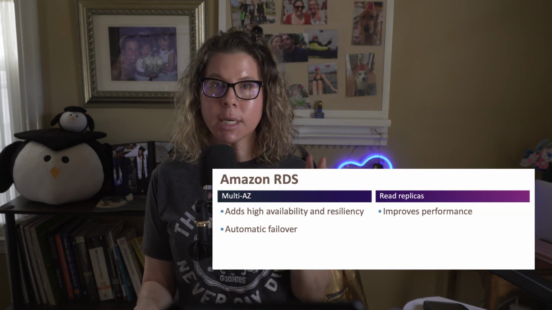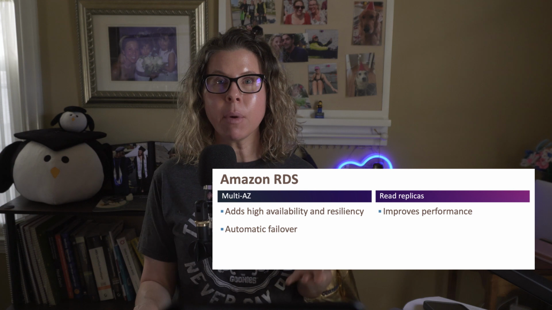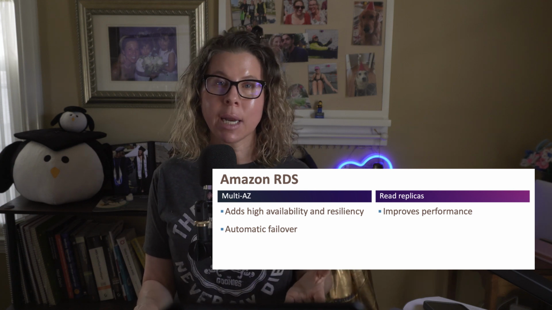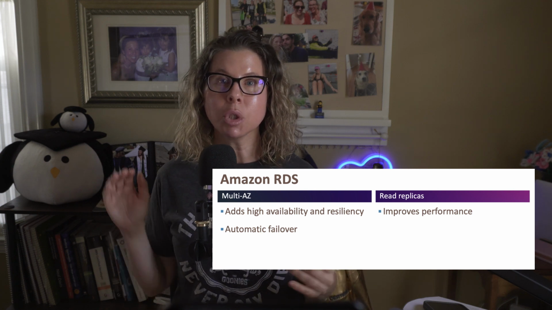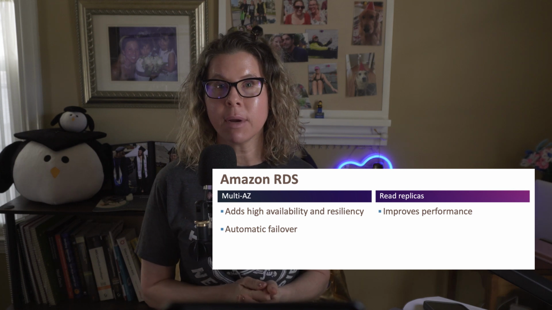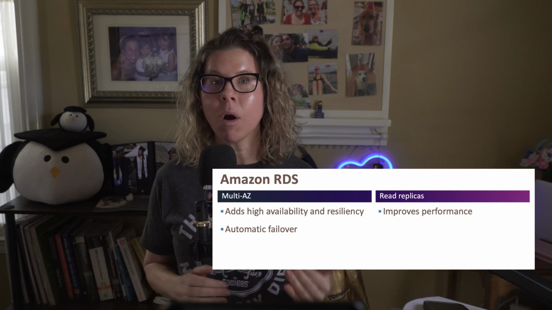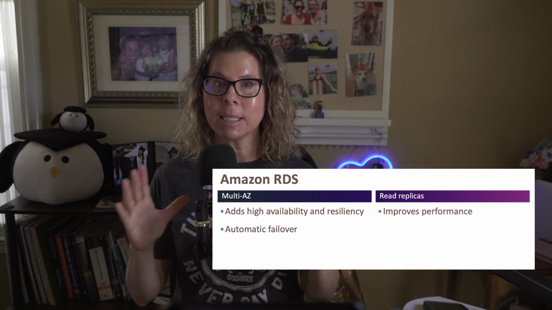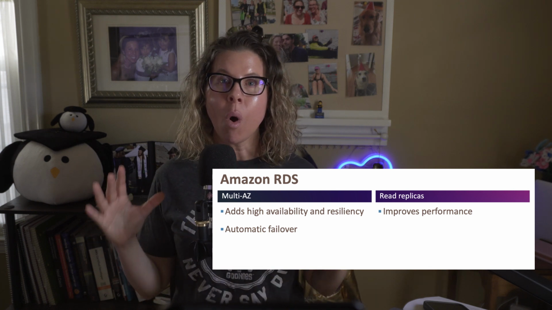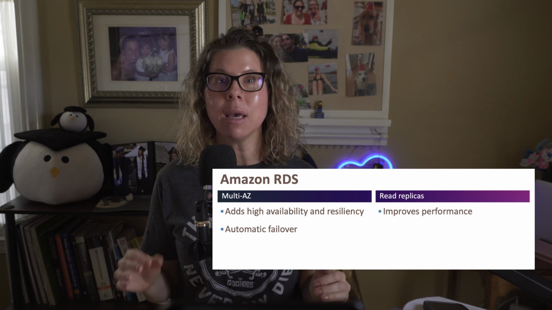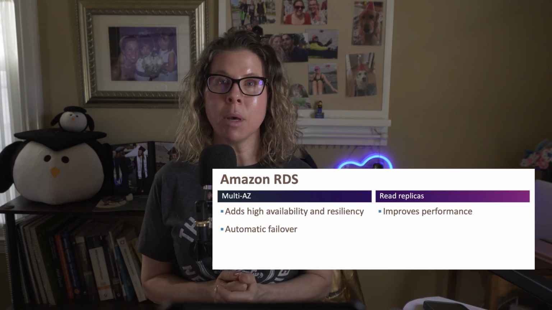There are two main features for RDS. First is multi-AZ. Remember, we talked about the AWS Well-Architected Framework and the pillars earlier in this fundamentals series. With Amazon RDS, you can deploy an RDS database instance in a single availability zone or in multi-AZ for more resilience and high availability.